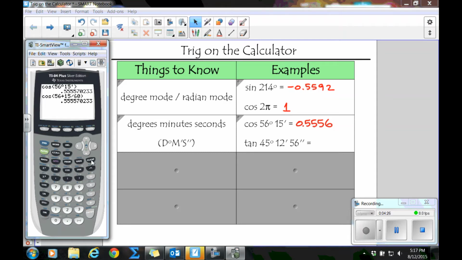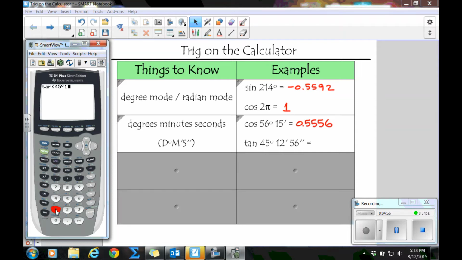For the next example, the tangent, unfortunately, the second button is not under the same menu. We'll notice that as we start to type in tangent of 45, go to the angle menu. There's a degree and there's a minute choice. There's not a second choice. That's located somewhere else on the calculator. So we'll type in the degree.